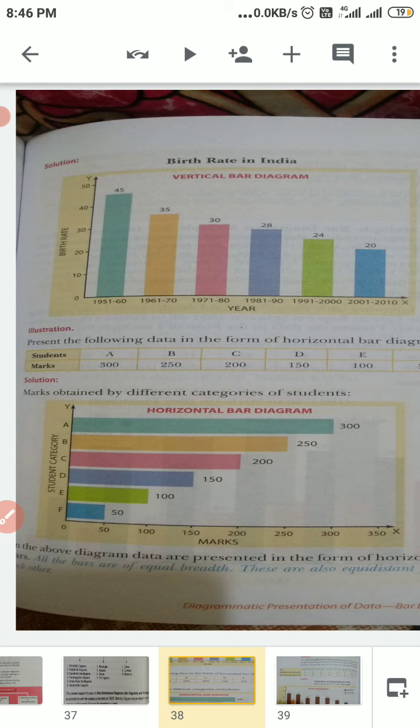So you can see we are showing a simple bar diagram in which a bar is representing information about one variable, that A student has these marks, B has these marks, like this. So we can make bars accordingly with proper scale by giving different heights to different bars.